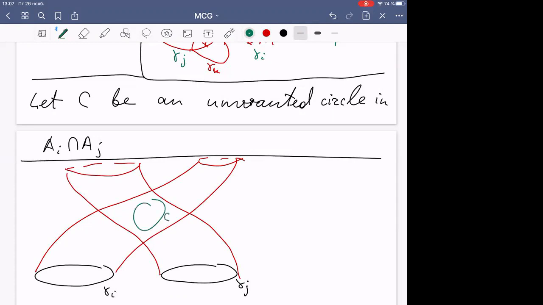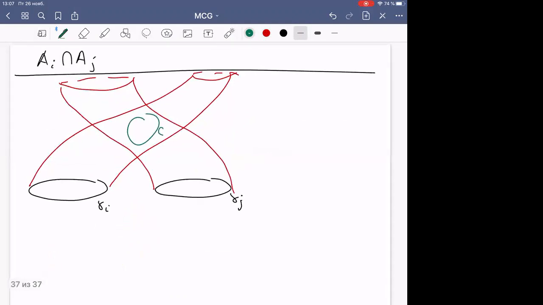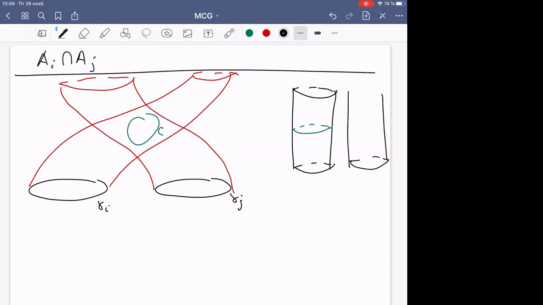Just some schematic picture. Okay, there are two possibilities. How can a circle on a cylinder look like? It can be either homotopically non-trivial or homotopically trivial.